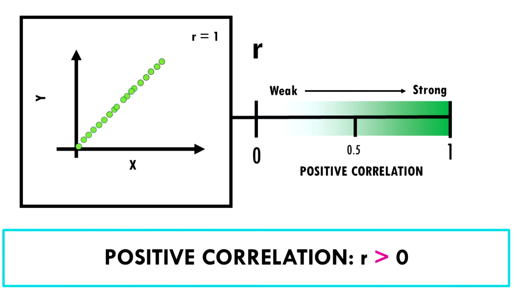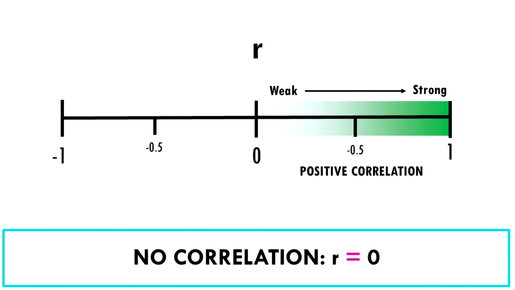When R equals 1, that is a perfect positive correlation, meaning that if one variable increases or decreases by 10%, the other will increase or decrease also by 10%. If R is 0, there is no correlation, so no association between the two variables.